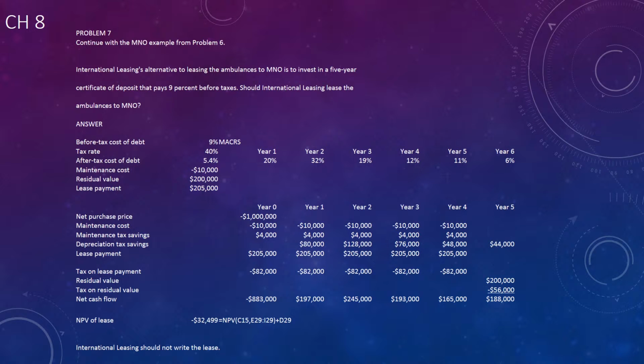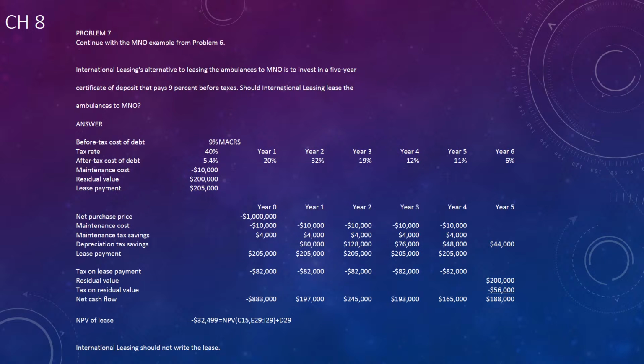Maintenance cost, residual value, lease payment. So the net purchase price, because now International Leasing is buying the ambulances for $1 million, they're now having to buy the maintenance year in, year out to take care of their asset, which is the ambulance. There's a tax savings. 40% of that is a tax savings because that's the cost of maintaining their ambulances.